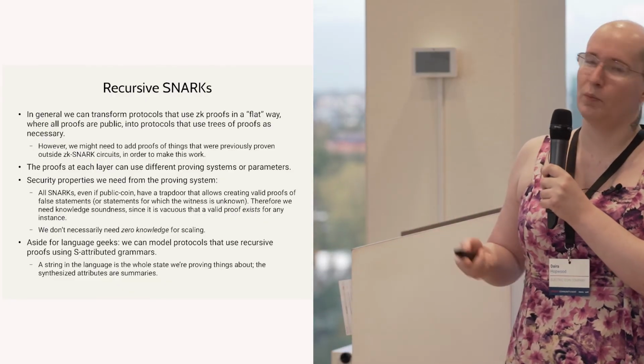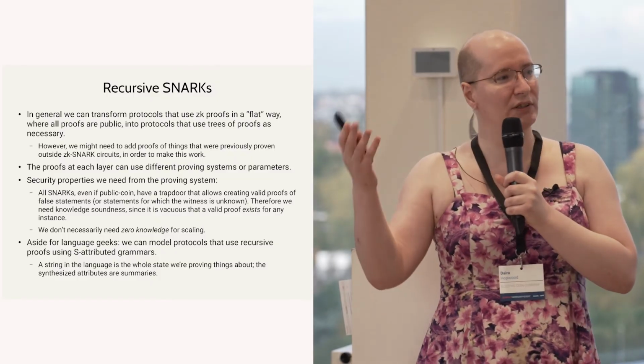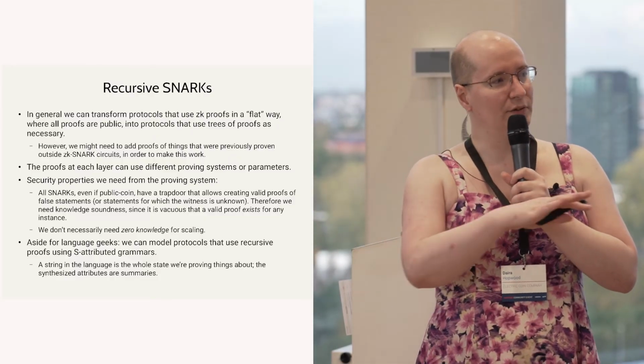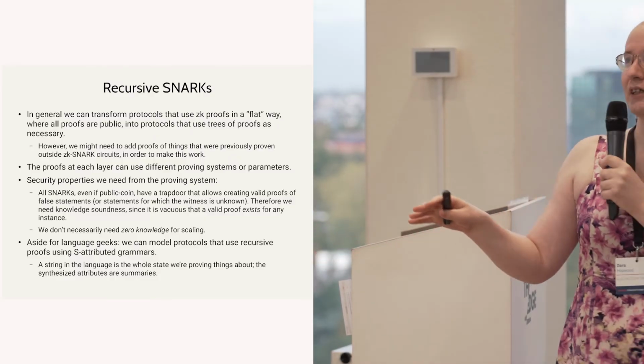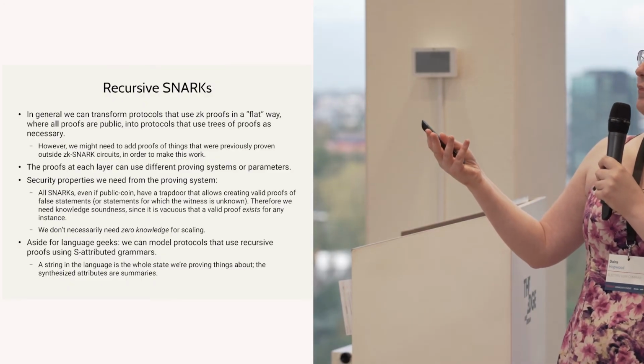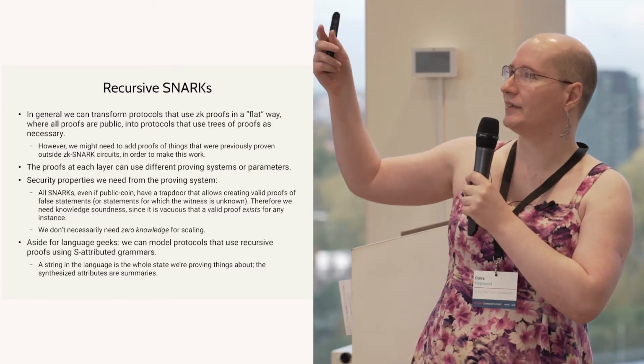So we can basically do a generic kind of transformation of a protocol that makes flat use of zero-knowledge proofs, so no use of recursive validation, and we can transform that into a protocol that uses this technique.